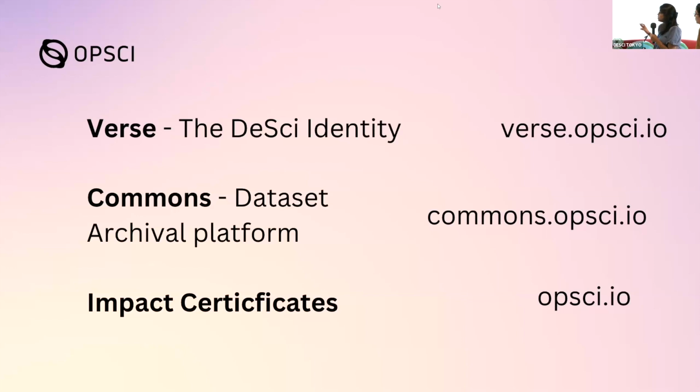These are the links for Words. You can check out what we're doing at words.opsci.io, and Commons, the dataset archival platform. Commons actually has an MVP where you can connect your wallet, connect your ORCID identity, and archive a dataset.